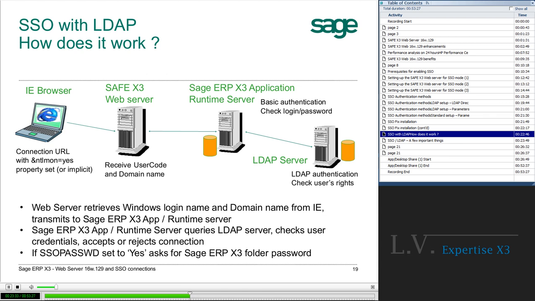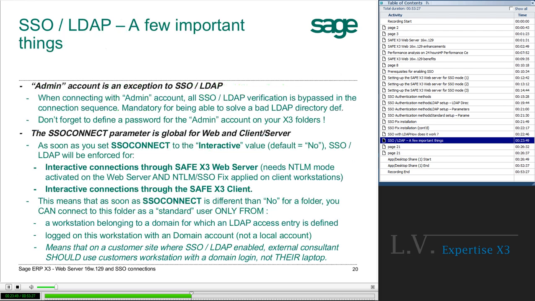Then the web server will interrogate the browser to retrieve the user code and the domain name, and these two values will be provided to the supervisor that will execute the code, and depending on the parameters that you have set in X3, it will move to the LDAP directory, or it will move to a basic authentication, depending on what you have chosen. And after, it will connect or refuse the connection, depending on what happens and the different values that you have provided.